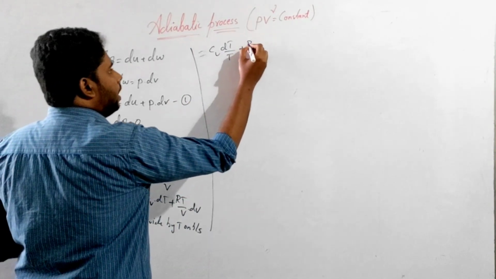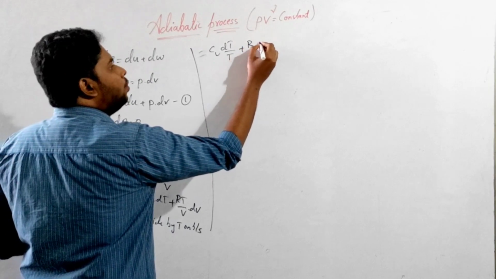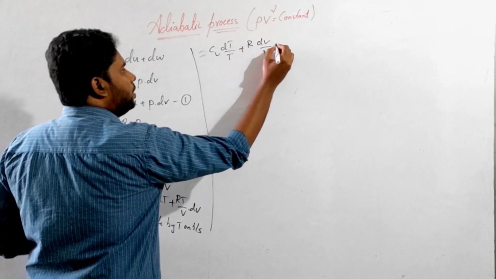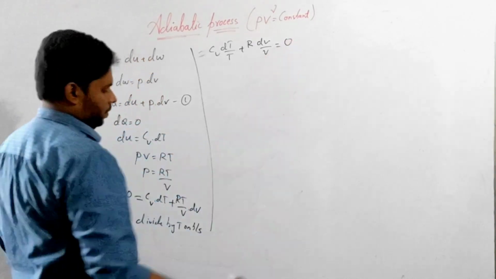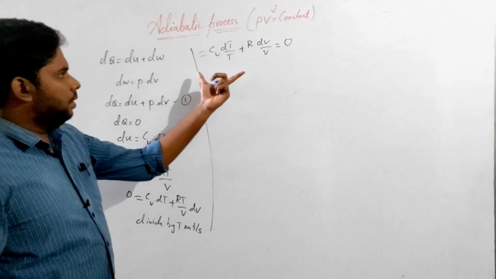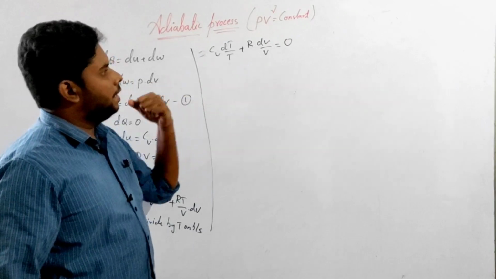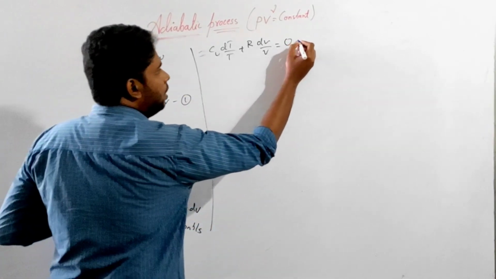What I am left with is R into dV by V, which equals 0 divided by something, which will be 0. Now this is the equation, I will mark it as equation number 2.